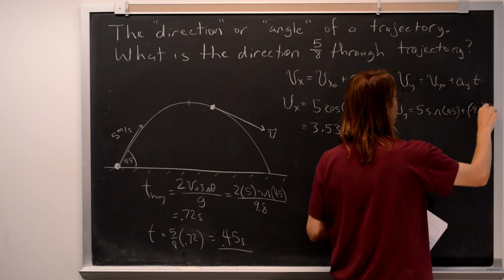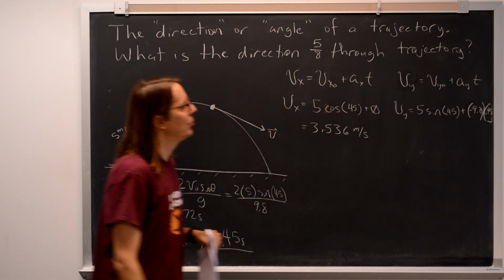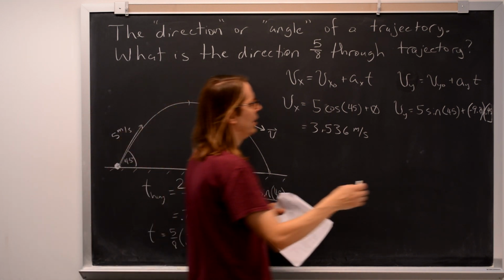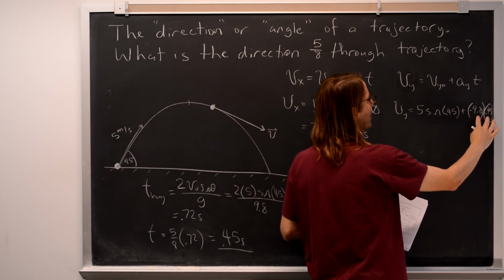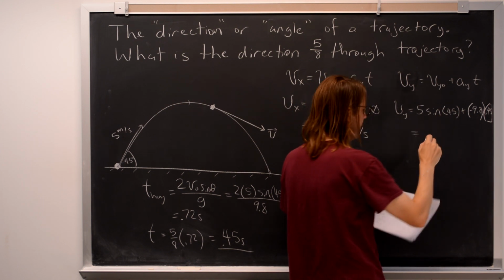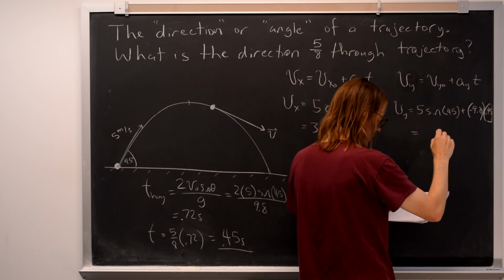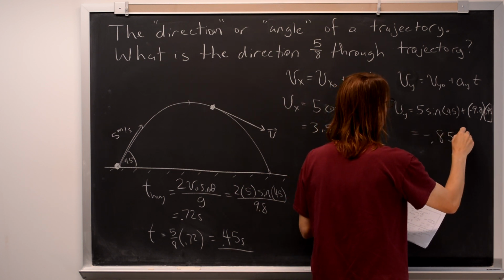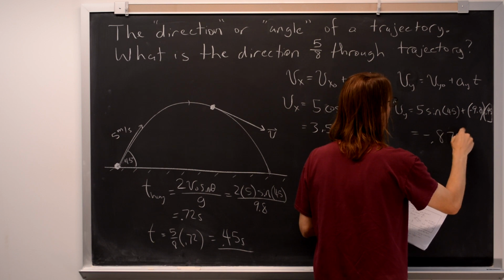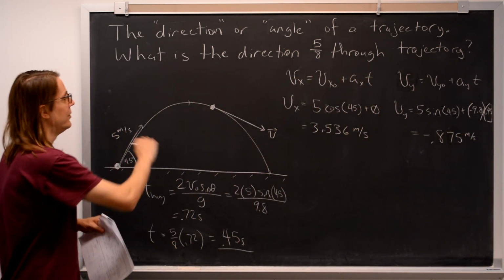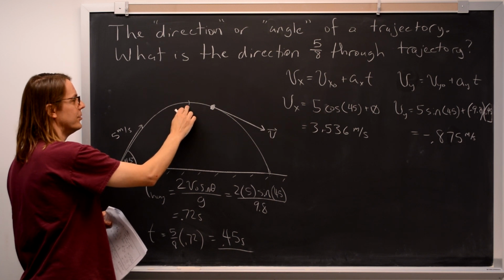So minus 9.8 times 0.45. It turns out this negative value is bigger than this positive value, so it leaves you with a negative y component of the velocity of negative 0.875. That is what you would expect, because it is past the halfway point of the trajectory.